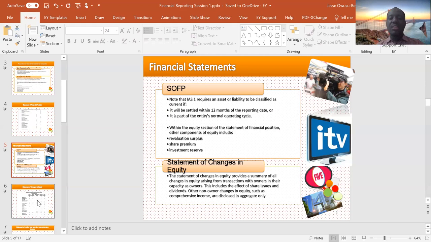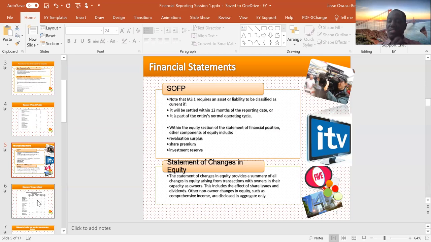Within the equity section of the statement of financial position, other components of equity include things like revaluation surplus, share premium, investment reserve. All these are components of equity. Then let's talk a little bit about the statement of changes in equity. That's one of the areas that can be a bit confusing for some people.